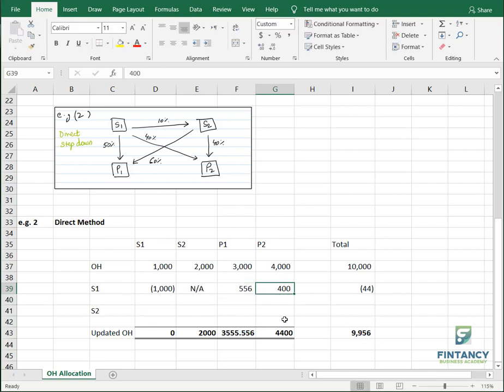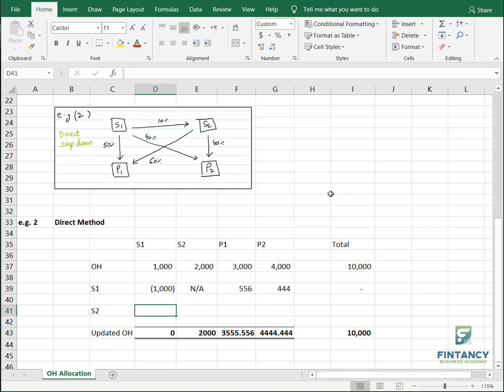Similarly here, you will say 1000 multiply by 40 because 40% is going to P2, divided by 90, because 90 is the total ratio which we have to use. Got the story, everyone? So see how much is coming? Nil. So we have allocated the full 1000 like this. Please write okay in the chat box if everything is okay.